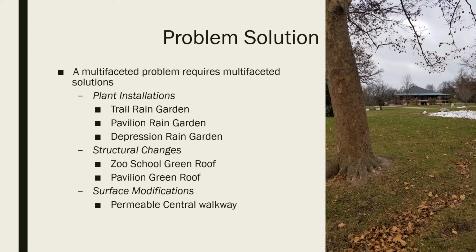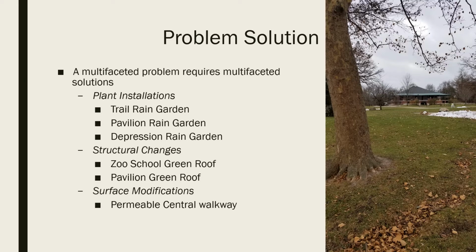So because there's a multitude of different aspects to this overarching stormwater management problem that we're approaching at the park, we need to approach it with a couple of different methods of solution. So the first and the kind of simplest from a design and implementation perspective is plant installations.